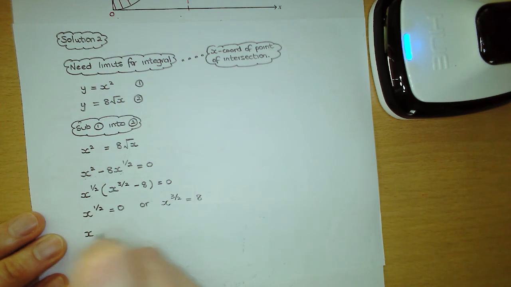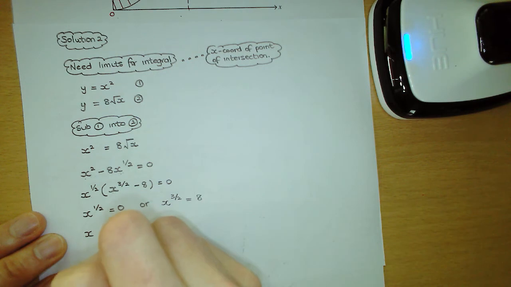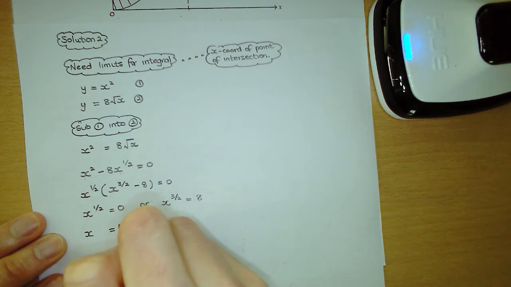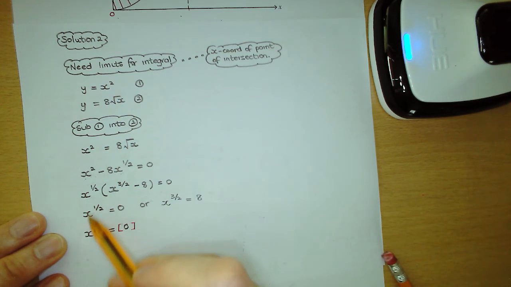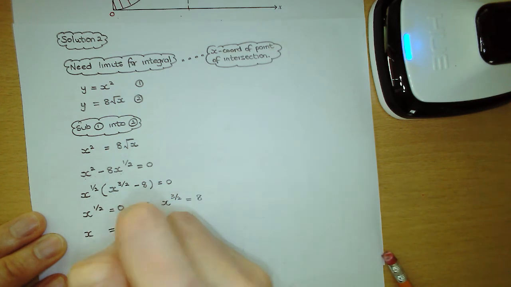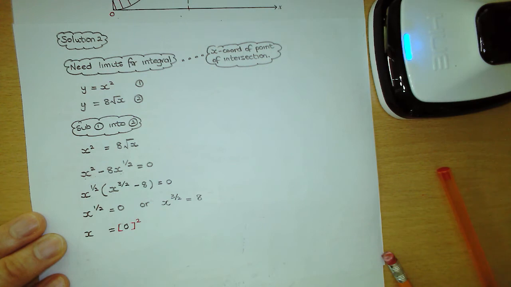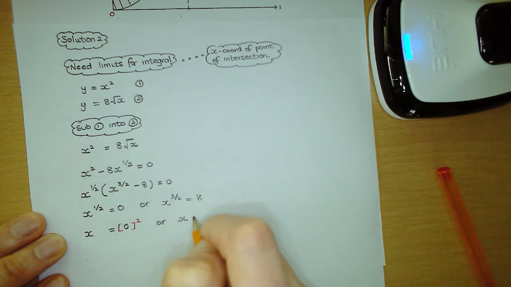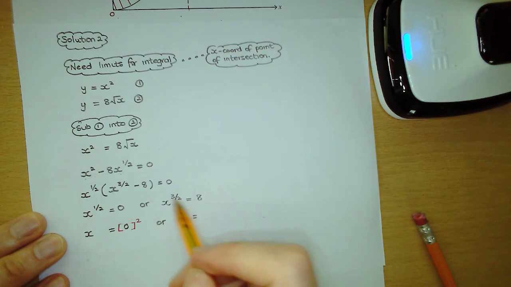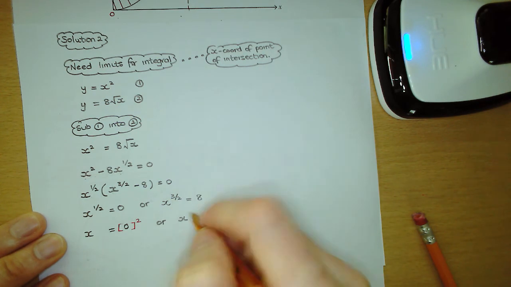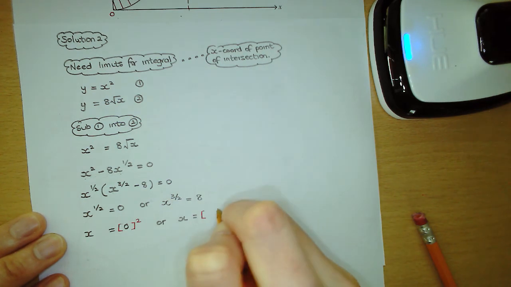So we're going to get x equals, put brackets around the other side and take the reciprocal power. Reciprocal means you flip numerator and denominator, so that's just going to be 2. Or, again, to get rid of the power 3 over 2 and just make it 1, you take the reciprocal power of the other side, so put brackets around the other side.